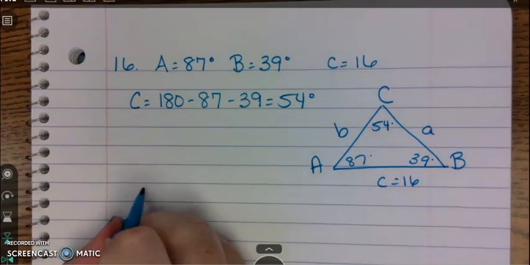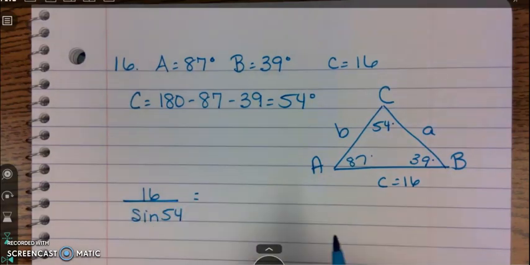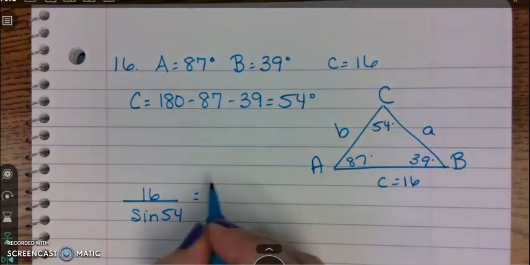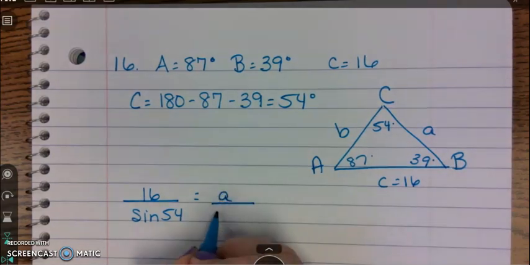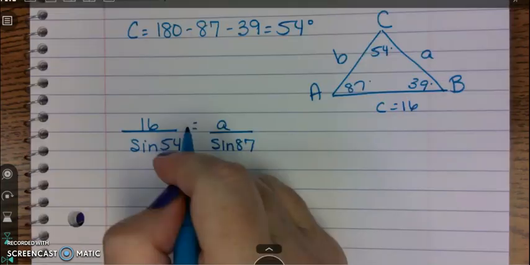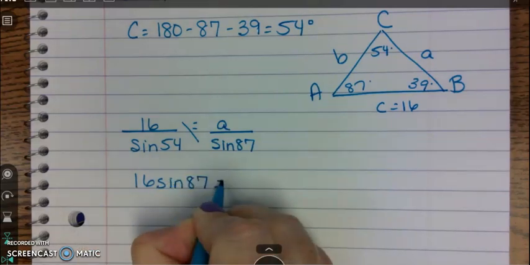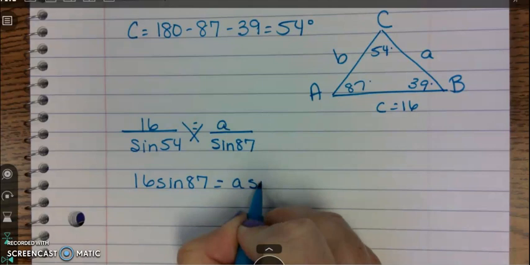So we'll do 16 over sine of 54. Now let's find little a first. Little a over sine of 87. Cross multiply. 16 sine of 87 equals a sine of 54.